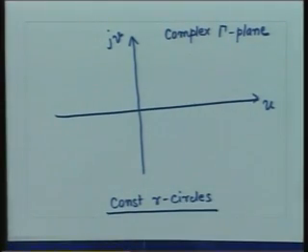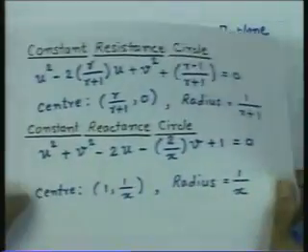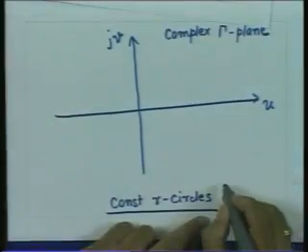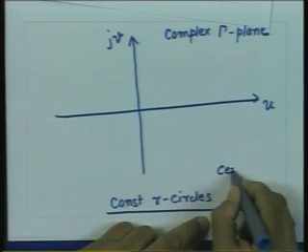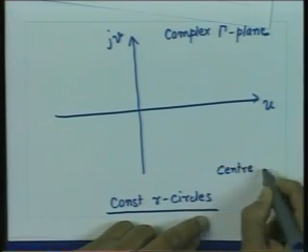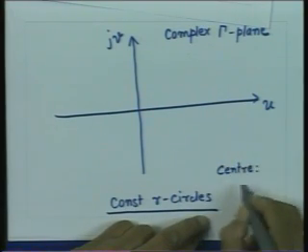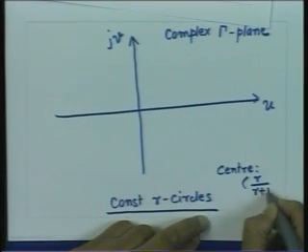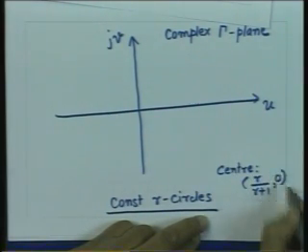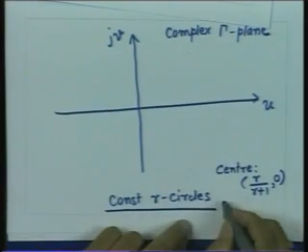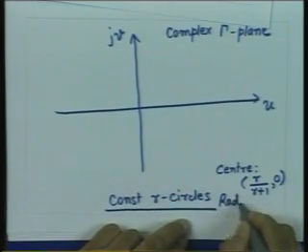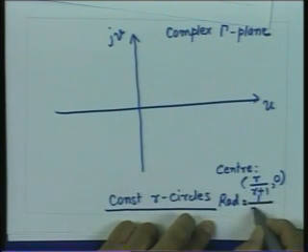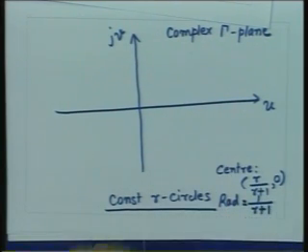As we saw, the center for this circle is r upon r plus 1 comma 0, and the radius for this circle is equal to 1 upon r plus 1.